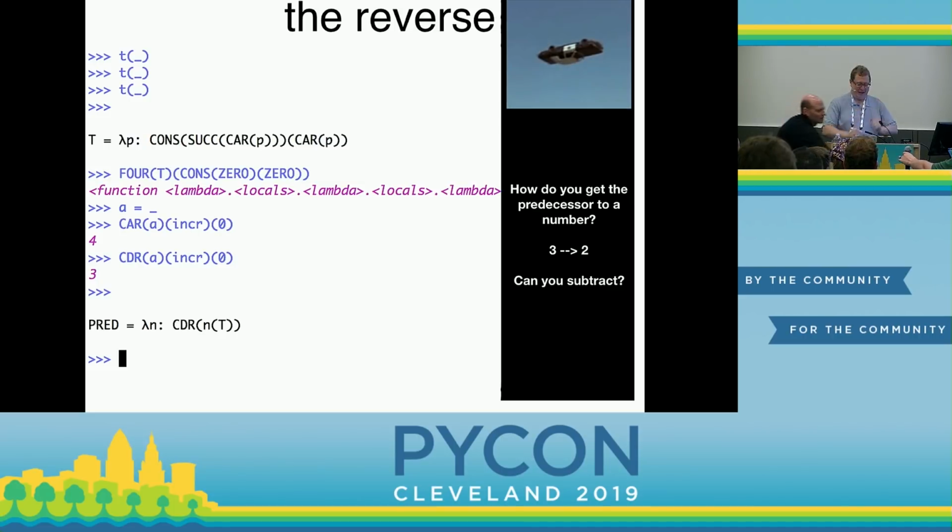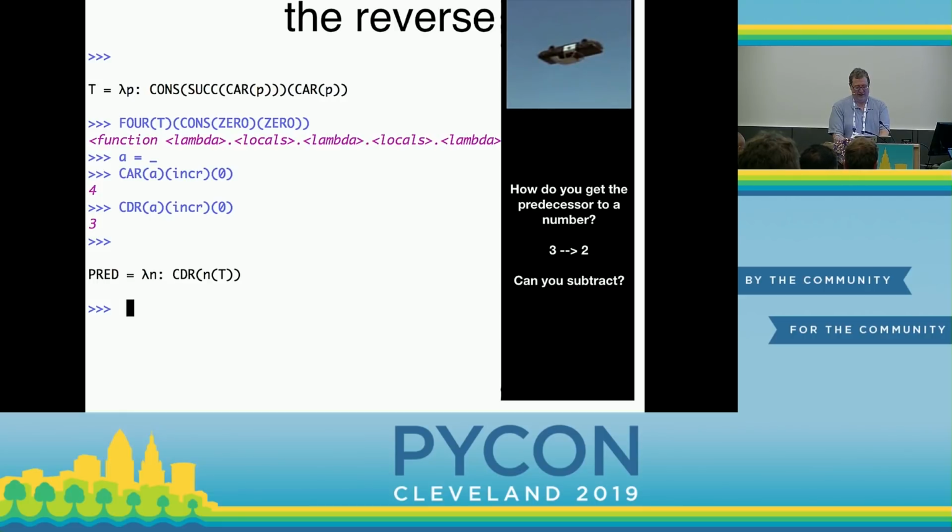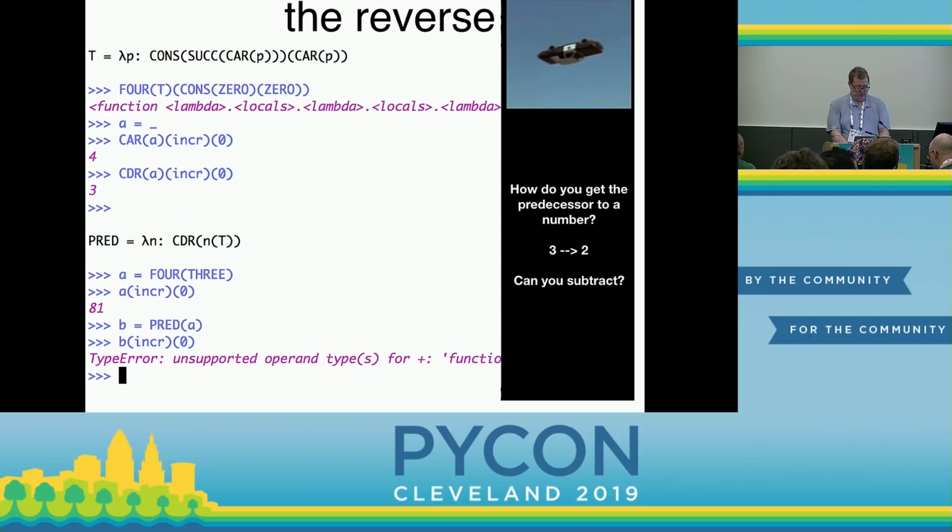If I've done that right, this should work. We had this example where we did 4 applied to 3, and we got this crazy result, 81. It was like doing exponentiation. If this predecessor thing is working, I should be able to say B is the predecessor of A, and the predecessor of A better be 80, unless I've done something wrong here, which is possible.